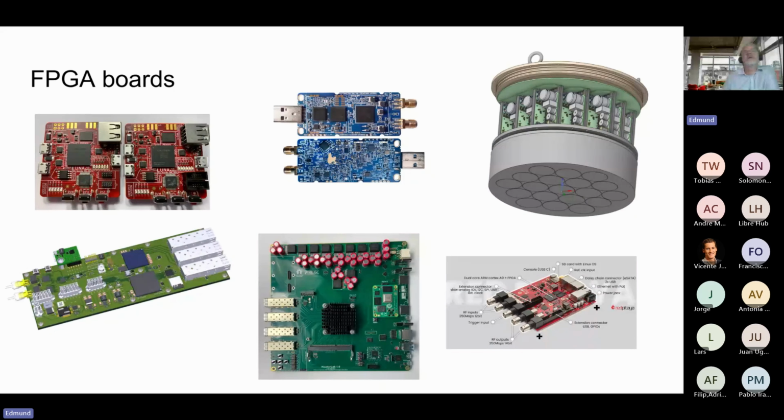And then there's the third category, which is really custom boards. In the middle, the blue one is a software-defined radio board with an FPGA, with an USB interface, where you can program the FPGA to your need.